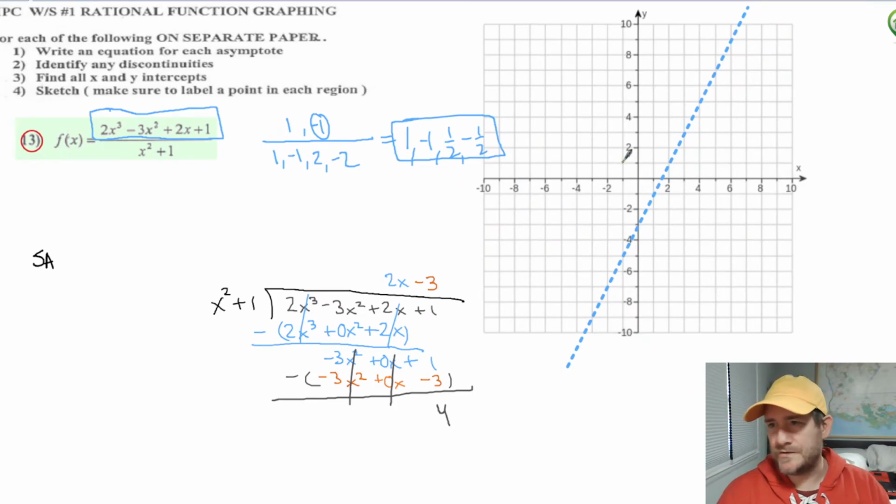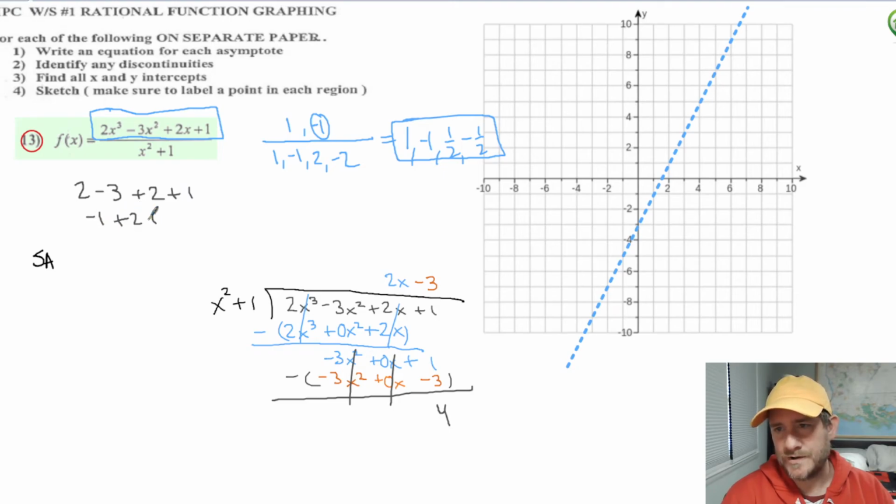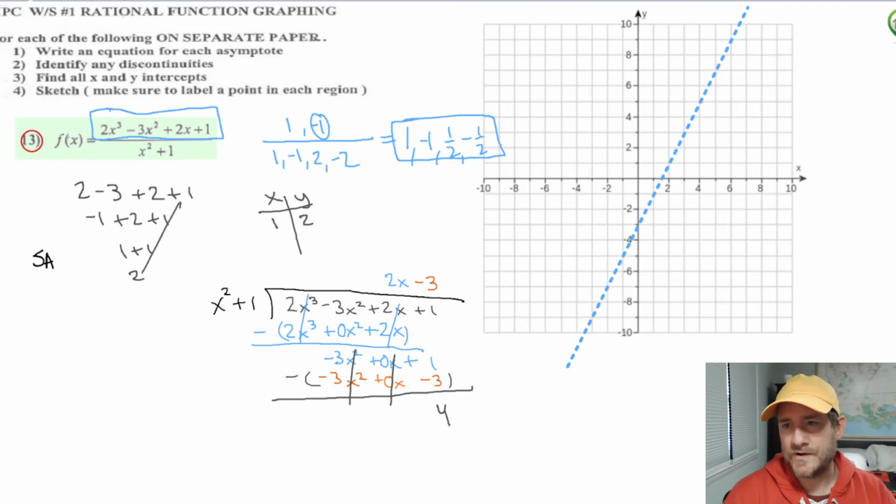And so what you could do is test them all. Plugging in 1 gives 2 times 1 minus 3 times 1 plus 2 times 1 plus 1, which is -1 plus 2 plus 1, which is 1 plus 1, which is 2. So positive 1 is giving us positive 2. That's not a 0. Let's try -1.